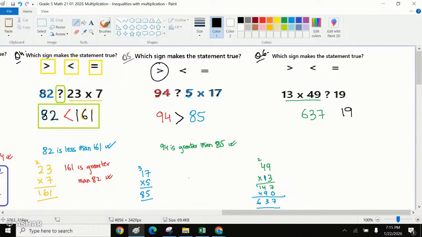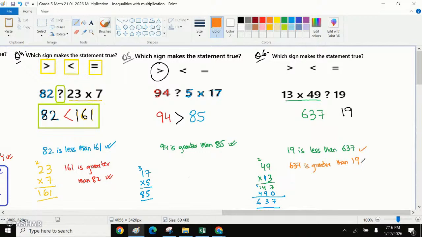Which number is less than? Is 637 less than 19 or 19 less than 637? Can I write the statement 19 is less than 637? Or can I write the statement 637 is greater than 19?